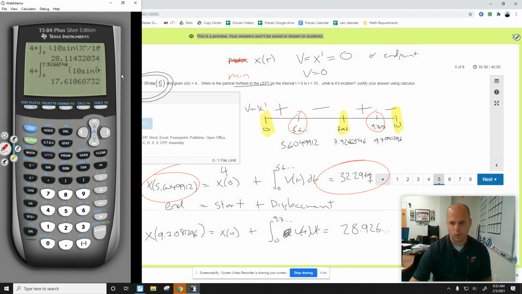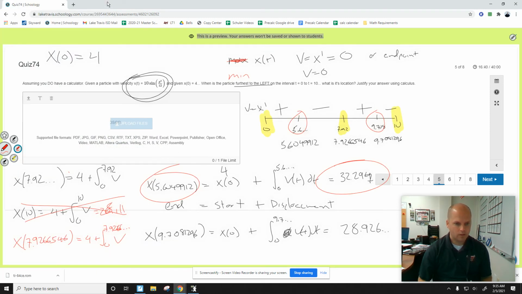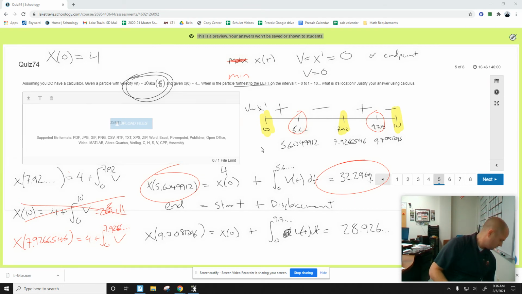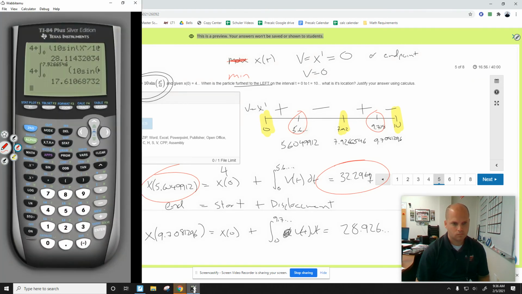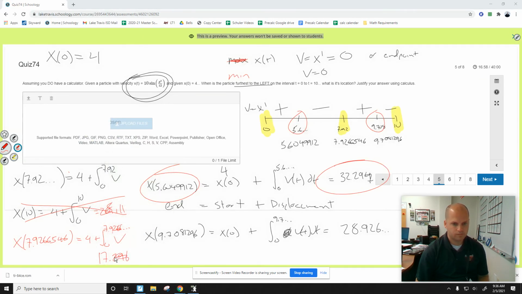I get 17.61. That loses as well. Not smaller than this. X of 0, my starting position, is actually when I'm furthest left.